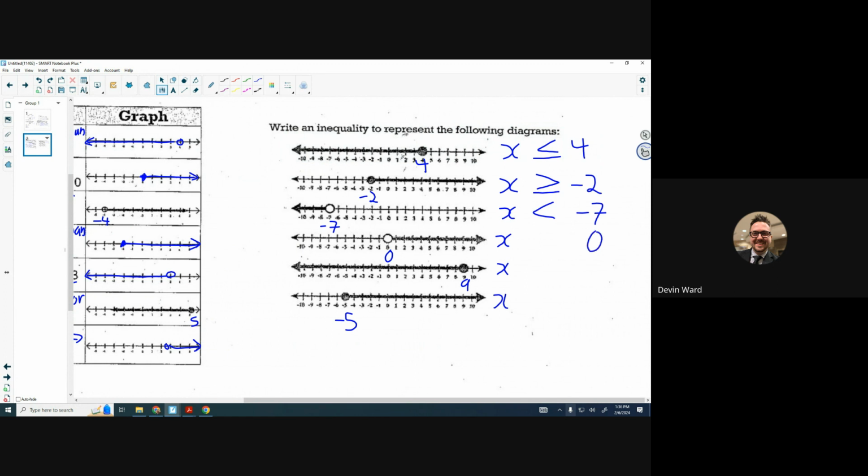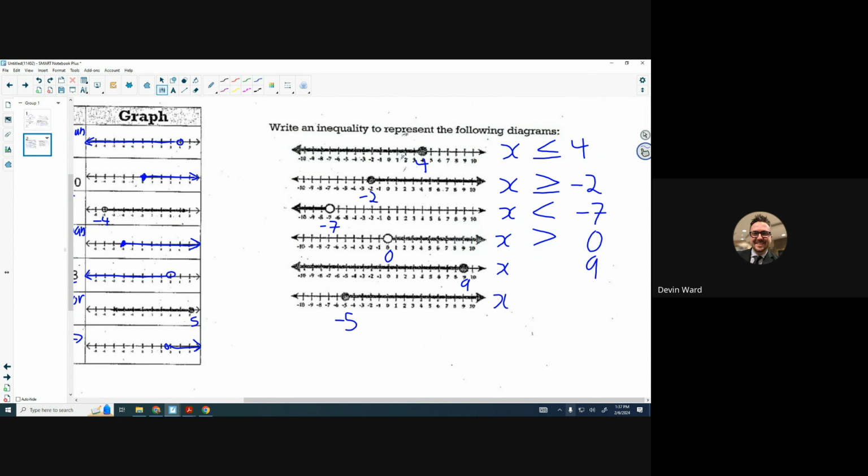Here I have 0, open dot, so no line beneath it. But these are all my positive numbers, so I know that x has to be bigger than 0. Okay, because all I have there are positive numbers. And again, the arrow matches the direction that the thick shaded line is going. Next up, 9.